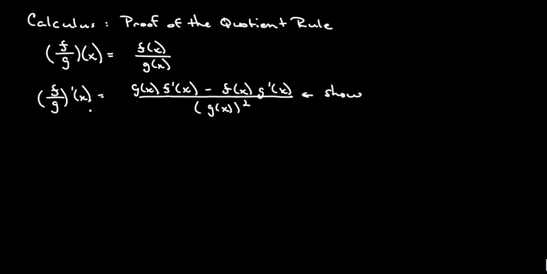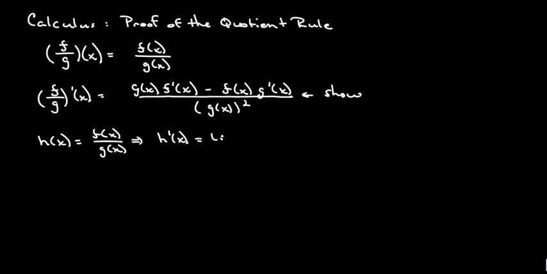So let's start with this guy on the left side. Let's say we have some function, I'm going to just call it a new function, h of x, which is equal to f of x over g of x. Okay, let's take a look at what h prime of x is.